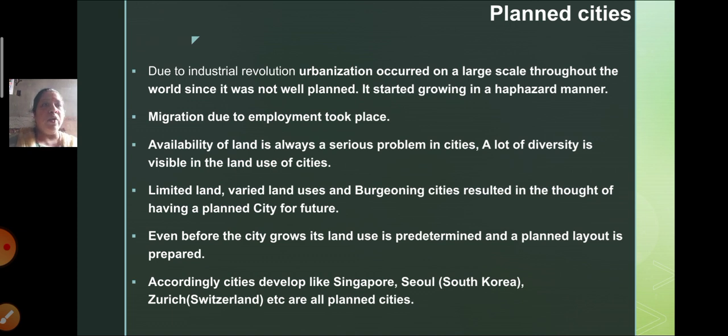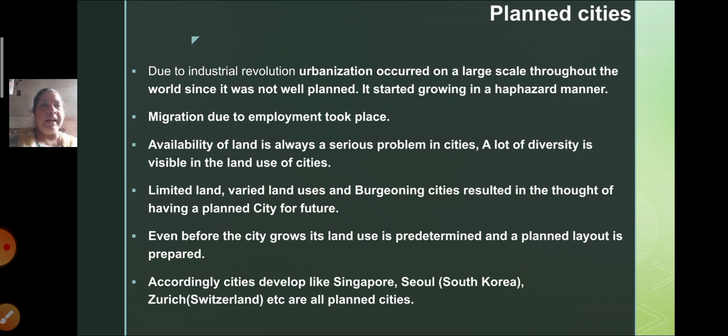So what is happening? Availability of land is always a serious problem in cities because of this migration. A lot of diversity is visible in the land use of the cities also. We have seen what the land use is in the urban areas. The land is limited and a variety of land uses are there.